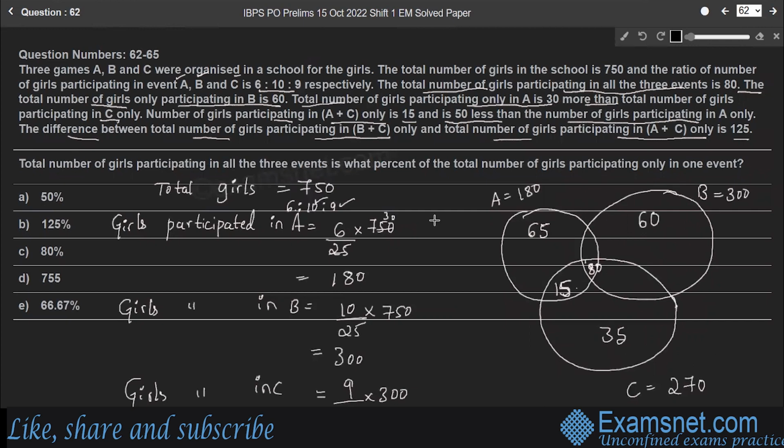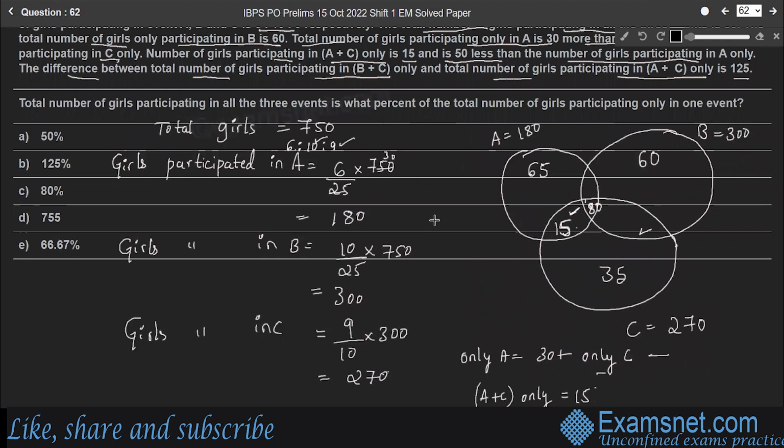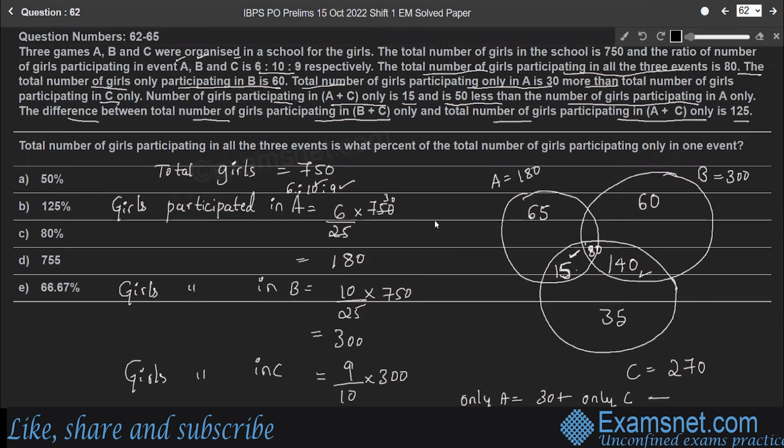So girls participating in B plus C only, that means this portion, and A plus C only, that is 15, the difference is 125. Therefore, girls participating in B plus C only is 125 plus 15, which is 140. Therefore, 140 girls participated in both B and C events. Right? B plus C only means both B and C events. Right? So now which is the remaining portion?